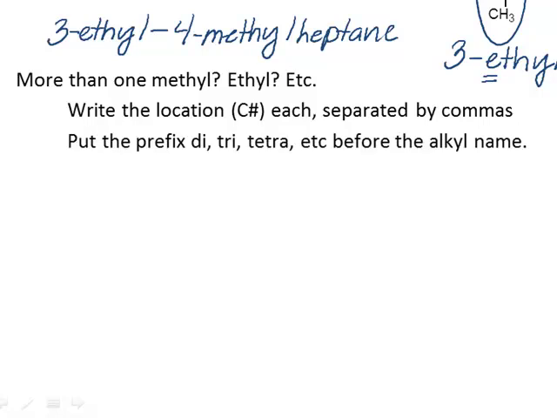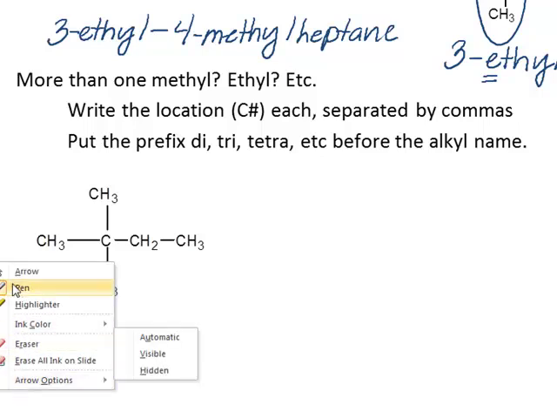This will look weird until you see it, but the reason it's an advantage is it allows us to use prefixes such as di, tri, and tetra to indicate the number of those branches. We often call those the alkyl names, the branch names, because instead of an alkane with an A-N-E ending, we're dealing with an alkyl with a Y-L ending. Here's an example. Go ahead and try this one.